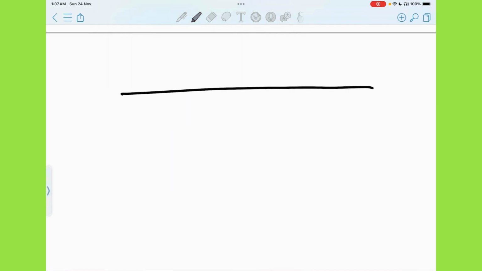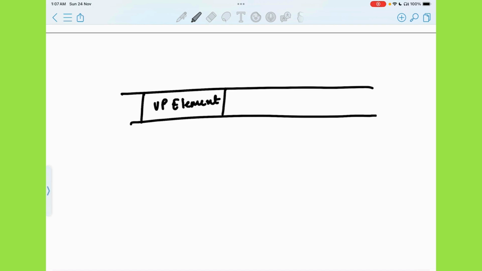There is an UP element here, and let's consider that this is our RNA start site, which is +1.